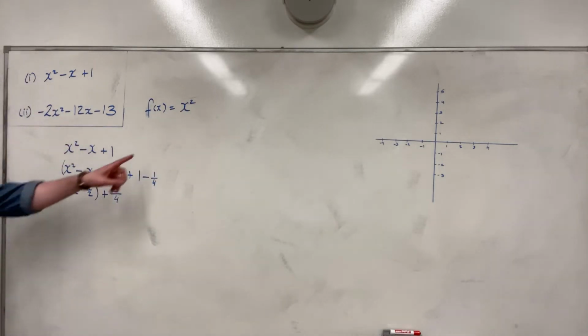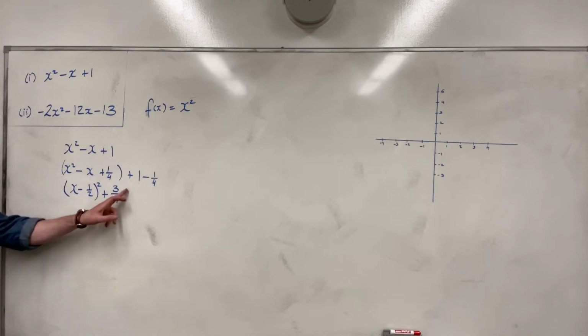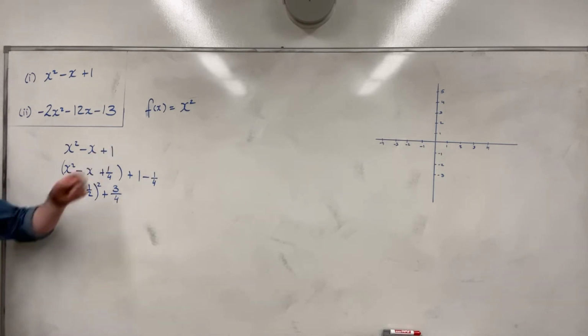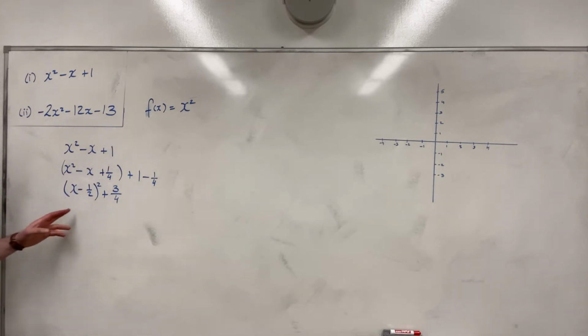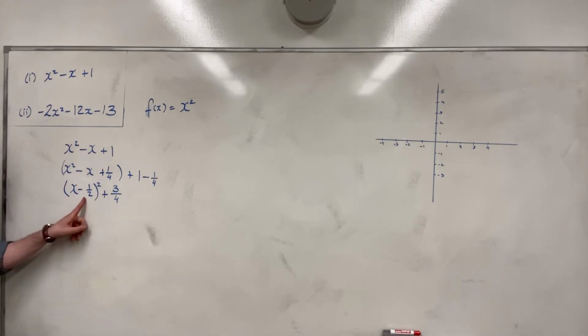Well, in that function the x has been replaced by x minus 1/2, and 3/4 has been added to the function also. What is the effect of this x minus 1/2? It is to translate the function to the right, in the positive direction, 1/2. That is the transformation that has taken place. And this 3/4 right here translates my function vertically upwards a distance of 3/4.